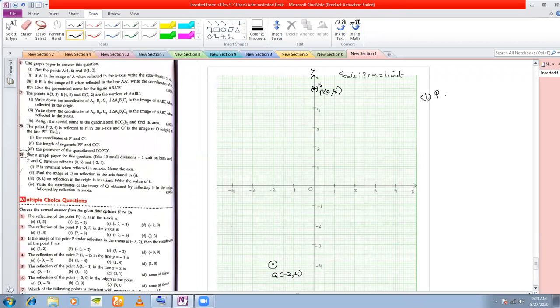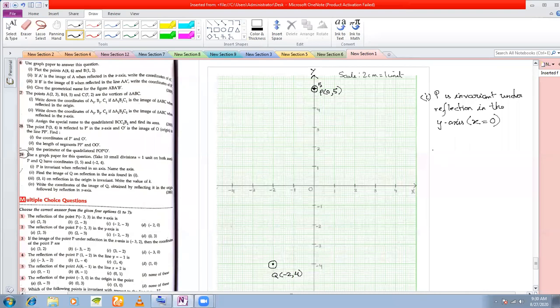P is invariant under reflection in the y-axis. Any question on this part? I hope it is clear, because P lies on the y-axis. Therefore, whatever the image of P, it will be P itself. Or you can say x is equal to 0.